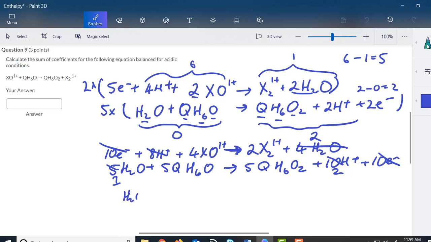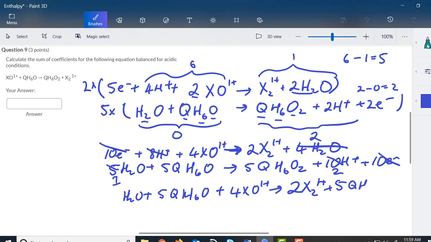It'll be H2O plus 5QH6O plus 4XO 1 plus gives 2X2 1 plus 5QH6O2 plus 2H plus.